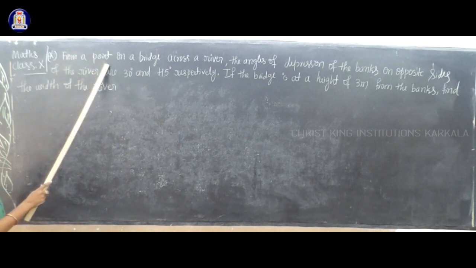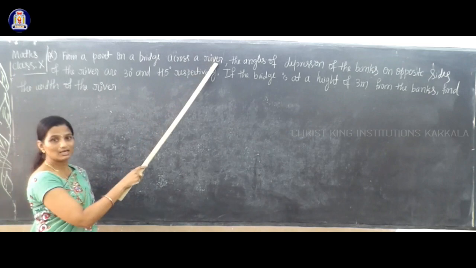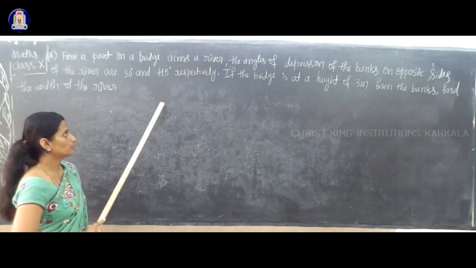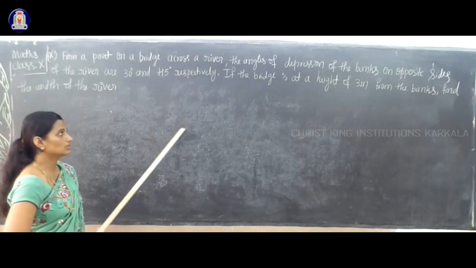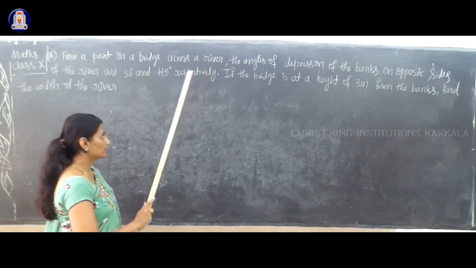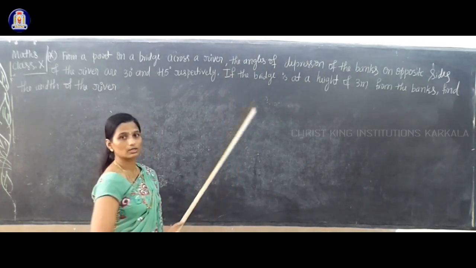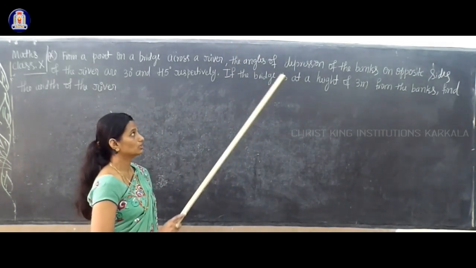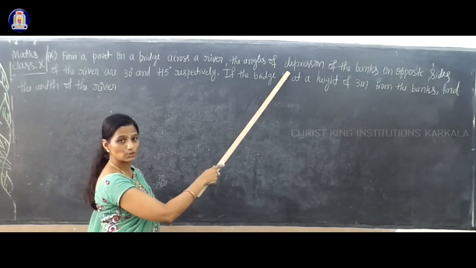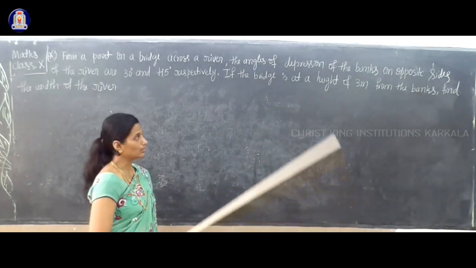Question. From a point on a bridge across a river. So bridge across a river. From that point, the angle of depression, it is not elevation. Angle of elevation, it is not angle of elevation. Angle of depression.